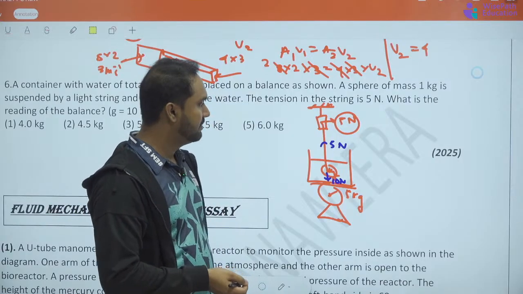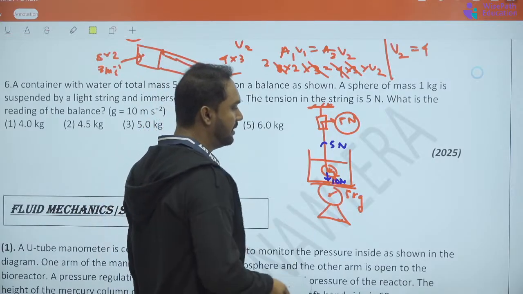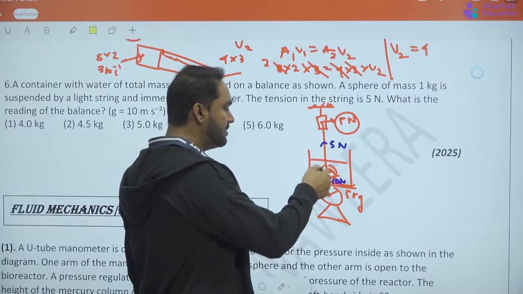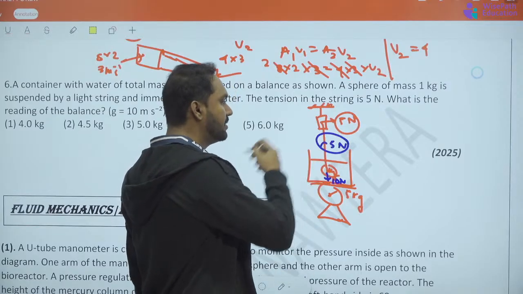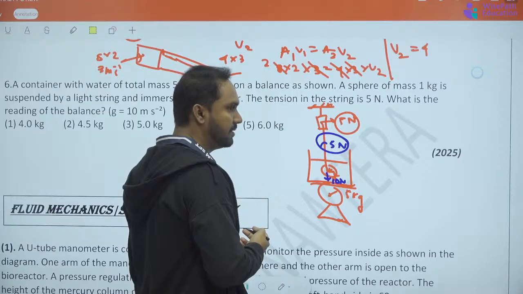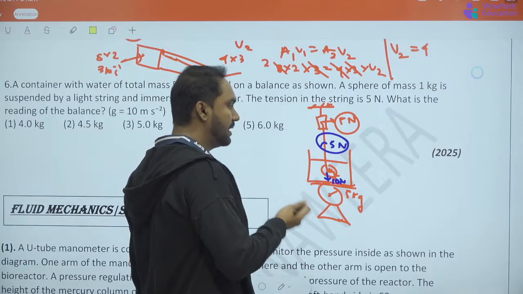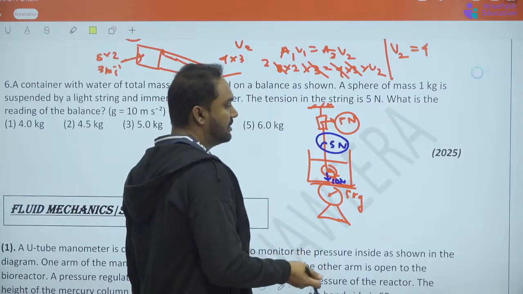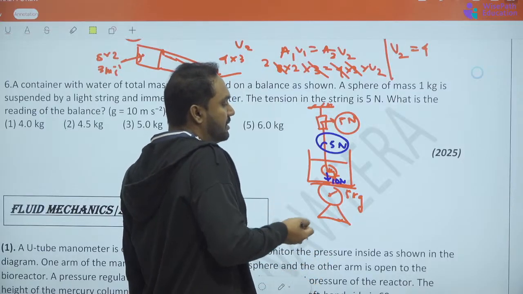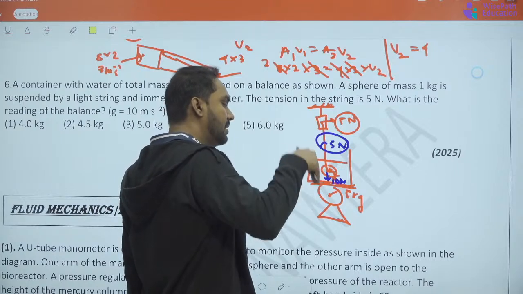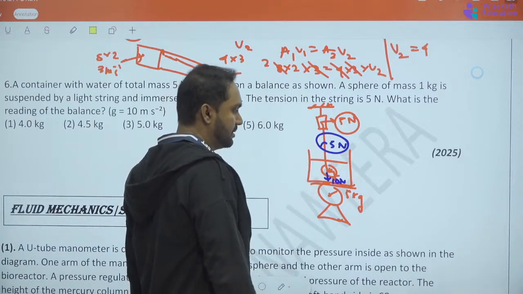So now tension is 5 newtons, weight is 10 newtons, which means of this weight, 5 newtons of force is carried by the spring scale or the tension of the string. So tension of the string is pulling up 5 newtons while the weight is pushing down 10 newtons, right?